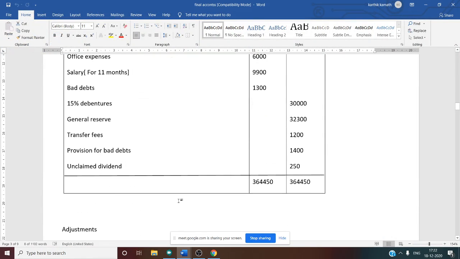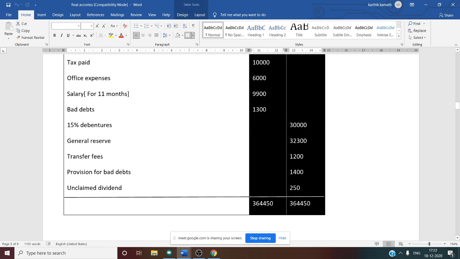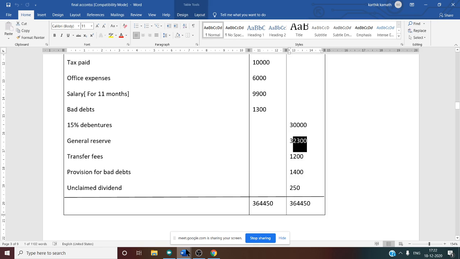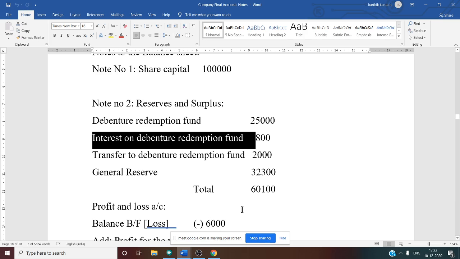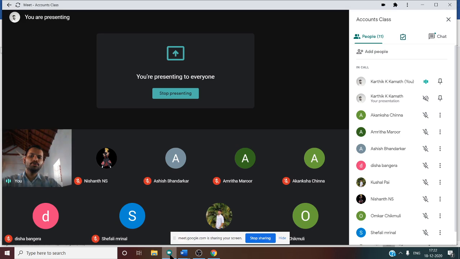And last thing we have to see is general reserve. That is also we have to take. So we have to add all these four information. Once we add all these four, we'll get the total, that is 60,100. 25,000 plus 800 plus 2,000 plus 32,300, we will get the total of reserve 60,100. But you know, working note number 2 has two categories.